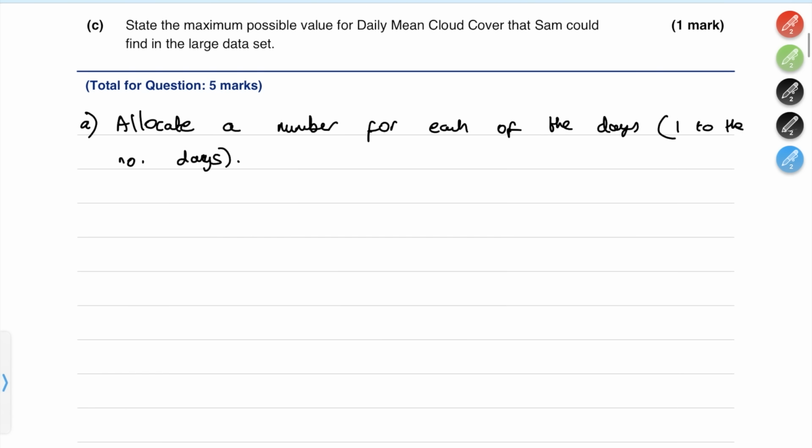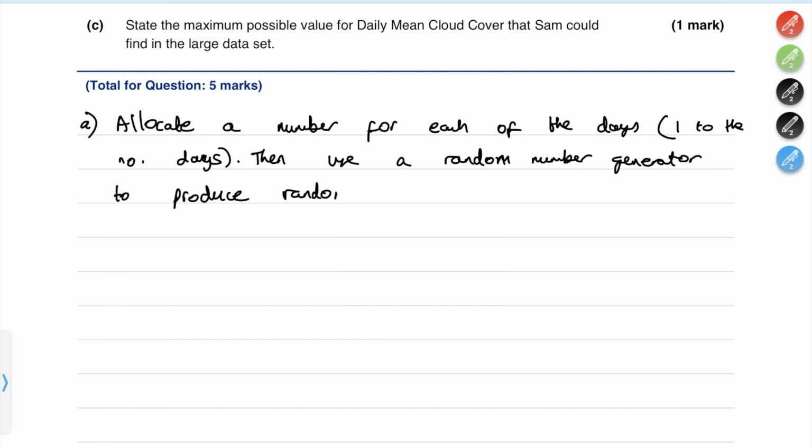Then afterwards, you have to use a random number generator to produce random integers in that range.